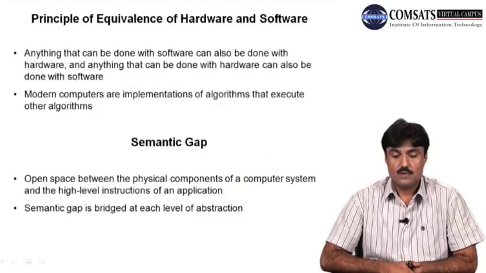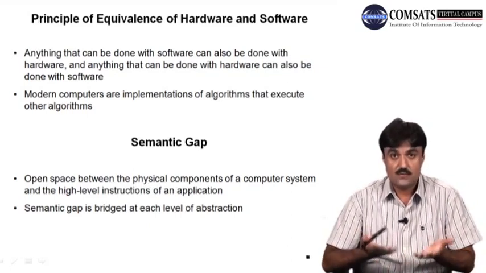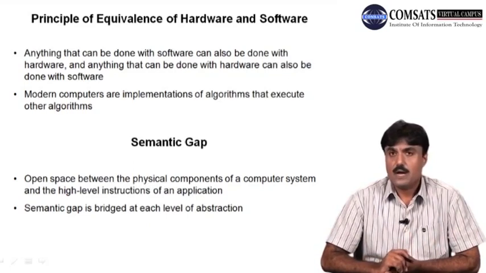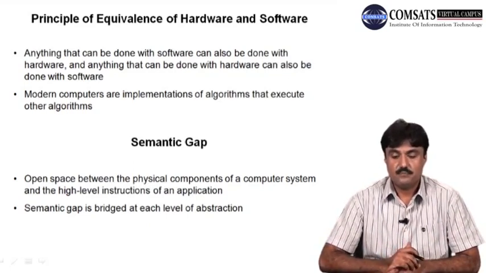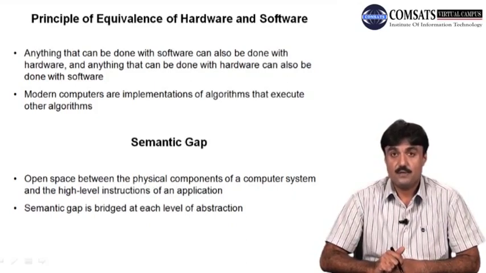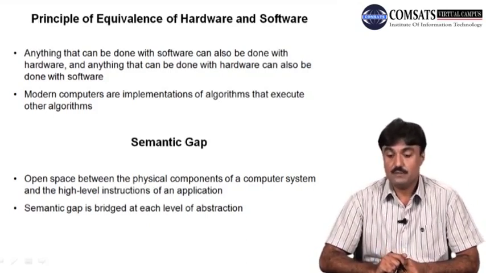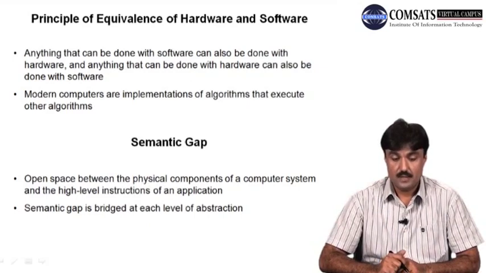So what is the principle of the equivalence of hardware and software? How are they equivalent? Anything that can be done with software can also be done with hardware, and anything that can be done with hardware can be done with software.